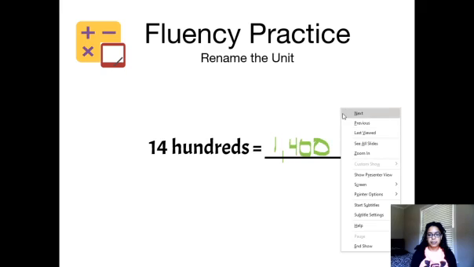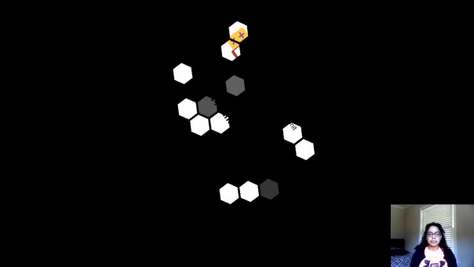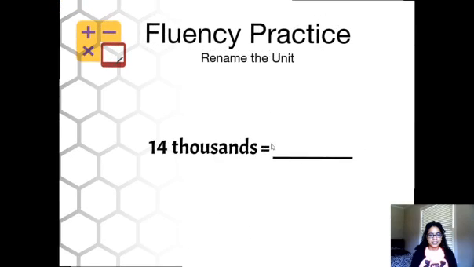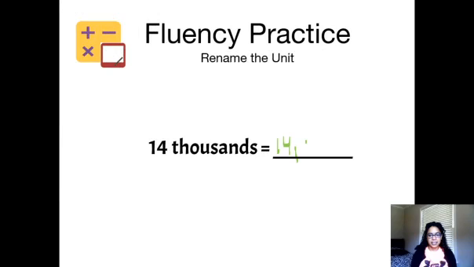Moving on to the next one. We have 14,000, so that will give us 14 thousands. That one was simple. Moving on.